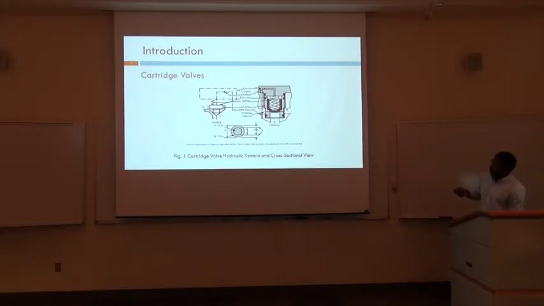Now fluid can go through the AP port, through the B port, and also through the A port. If you look at the cross-sectional diagram, right here would be the orifice, and this is what determines the size of the Cartridge valve, the 16 to the 100 millimeter. This is the casing, and there's a poppet inside, and a spring, which allows the poppet to move up and down.